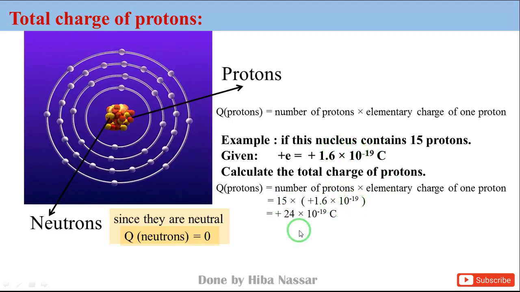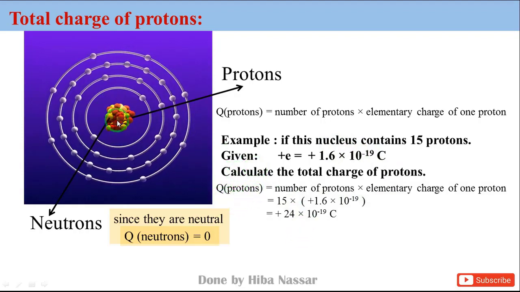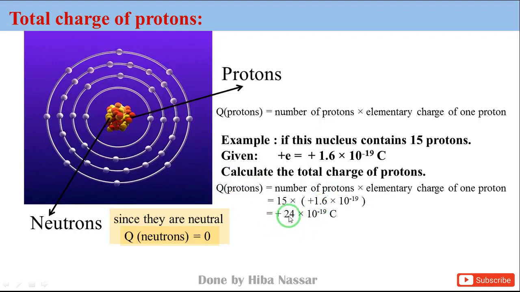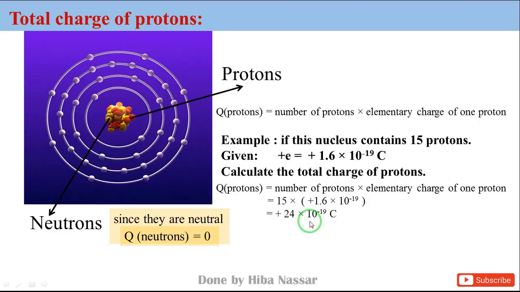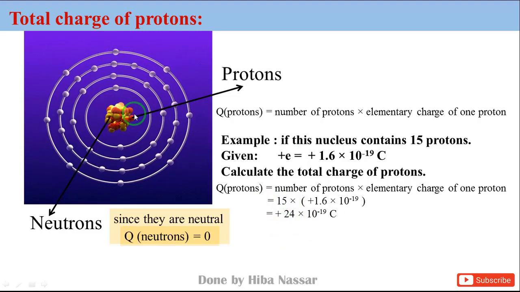So as a result, we can say now that the total charge of protons inside the nucleus is equal to plus 24 times 10 to the power minus 19 coulomb, and always have a positive value since they are positively charged.